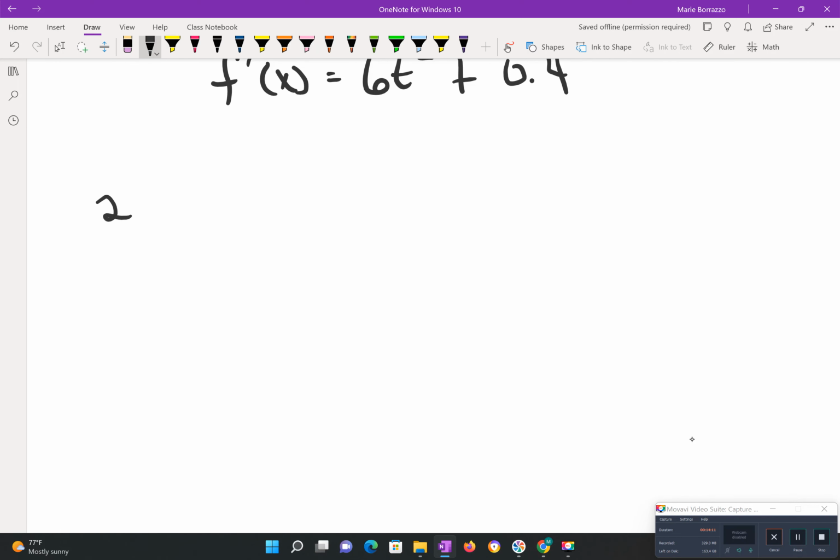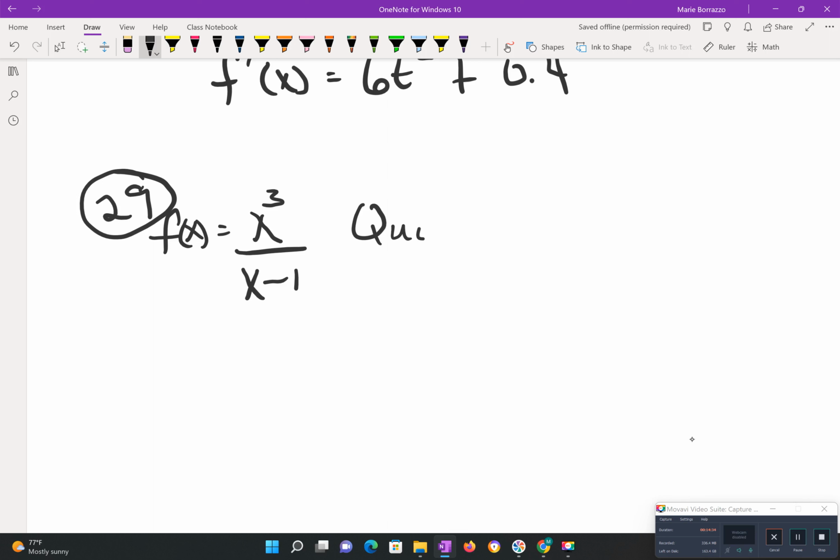All right, number 29. Again, differentiate, find dy over dx of x cubed. So this is our f of x, x cubed over x minus 1. And same thing here, this is quotient rule. The latter two were product rule. So we start with the first term, x to the third. We differentiate that, that's 3x squared.